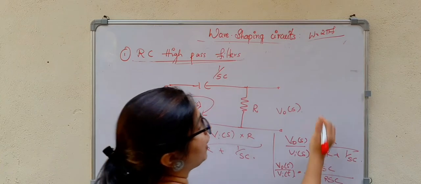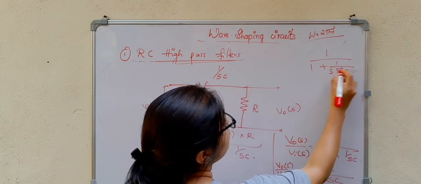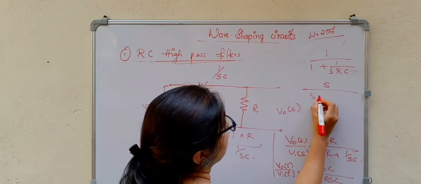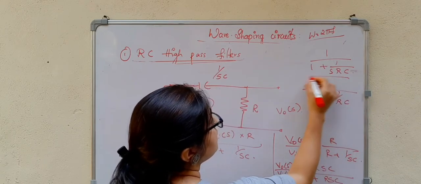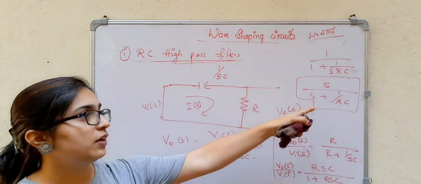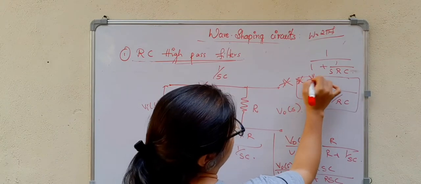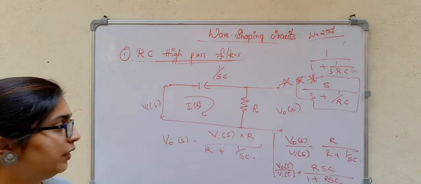Or if I take R common, it will be 1 divided by 1 plus 1 by SRC. So if I take S here, it will be S divided by S plus 1 by RC. So this is the transfer function of the RC high pass filter. This is important.